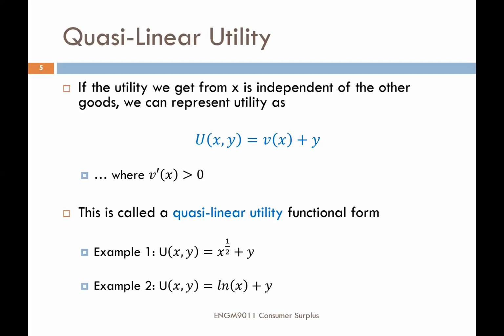So we're just going to say utility from good Y is just Y. We could have made it Y squared, or 10Y, or whatever. It doesn't really matter that much, but we're going to make it Y for convenience.